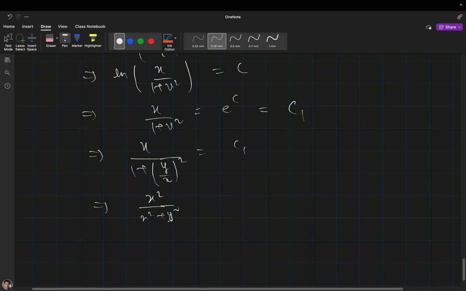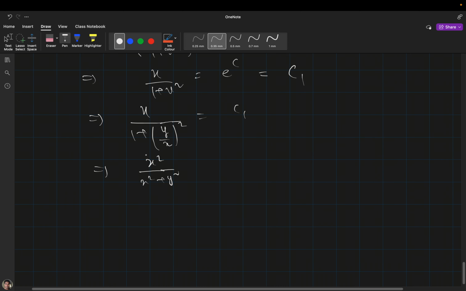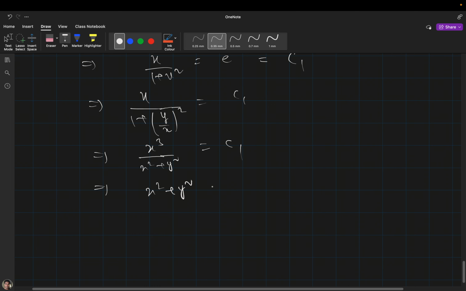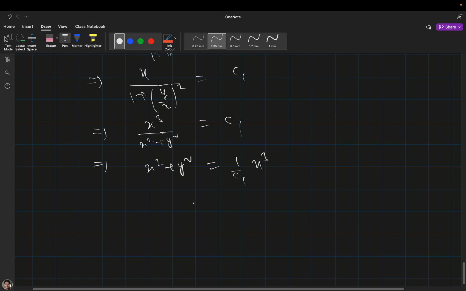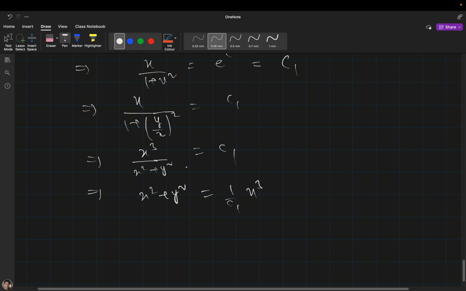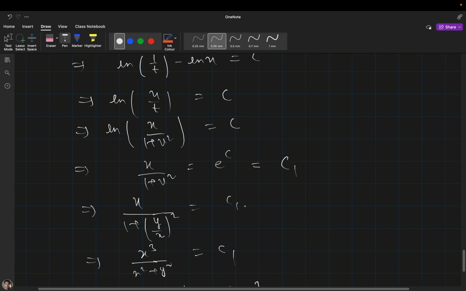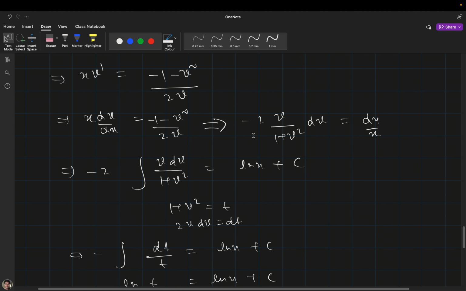Yeah, that will be x cube. Okay, fine. It will become x cube equal to c1. So with another constant, it will become x square plus y square equal to 1 by c1 x cube. Actually I have made some mistake because it should be only x. Let me find out.